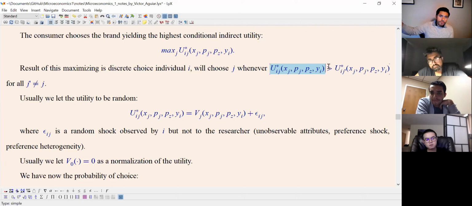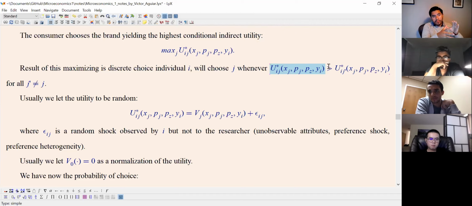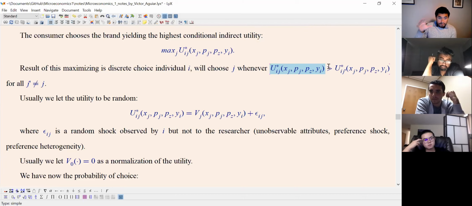It's always possible to not purchase a car. And then you have the probability of purchasing the different brands, right? And then we add them up, and then we have the fraction of people or the share of the market that goes to Honda, to Hyundai, and to Ford, okay? And to the outside option. So this is just the fraction of people buying different brands for a fixed market.